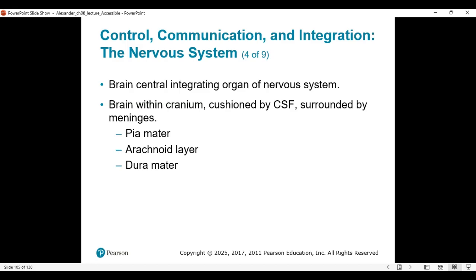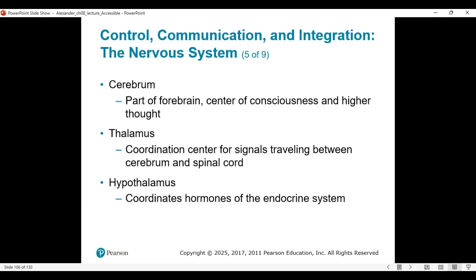Brain is the central organ of the nervous system. The brain is inside the cranium, cushioned by cerebral spinal fluid, surrounded by meninges, which has three layers: the pia mater, the arachnoid, and the dura mater. Cerebrum is part of the forebrain.